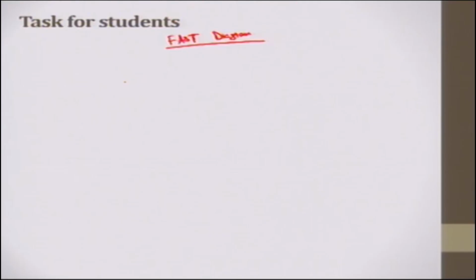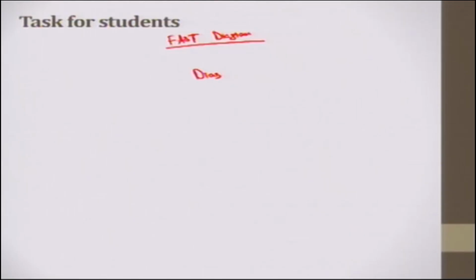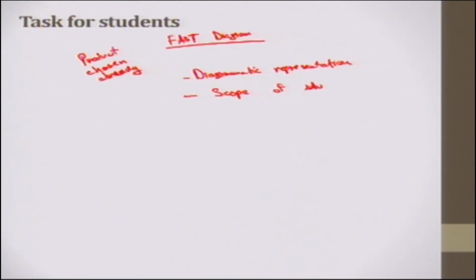I would like you to put those functions in a FAST diagram, represent those functions in a diagrammatic way, of the product which you have chosen. Then see what the scope of your study is. This is regarding the FAST diagram.